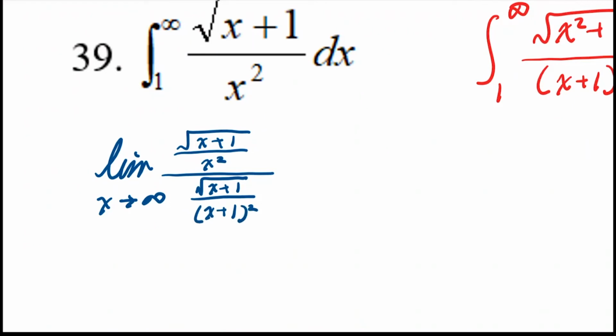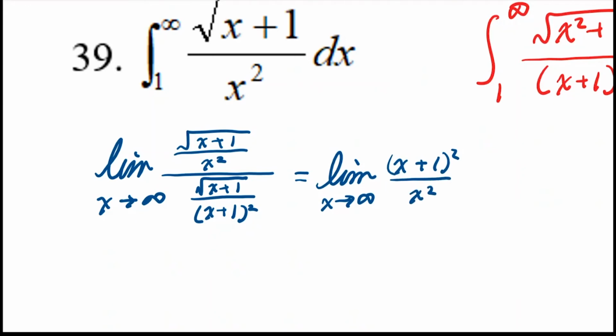Like that. Okay, and that simplifies to, these square roots cancel, so you have x squared, x plus 1 squared over x squared.